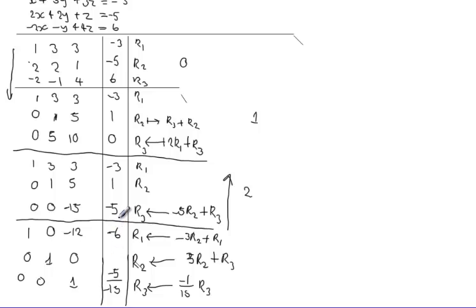What are we going to get here? We're going to say negative 3 row 1, that's 3, is it? Plus minus 5. What do we get there? Negative 2.